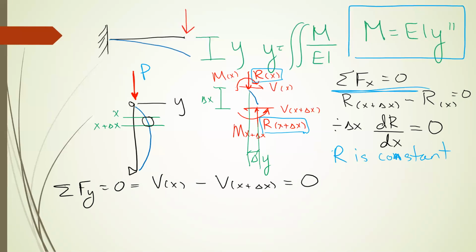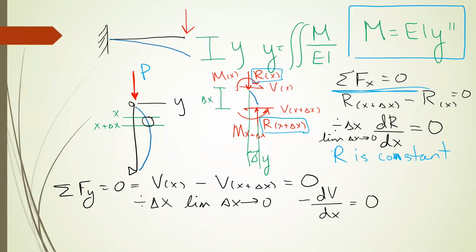The two different horizontal forces have to be equal. And if I divide by delta x, and then of course I have to take the limit as delta x goes to 0, which I didn't write up there, but it's true. So taking the limit, I end up with negative dV dx equals 0. So the rate of change is constant. V is just constant.